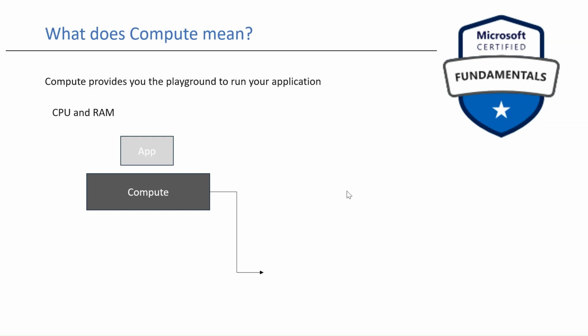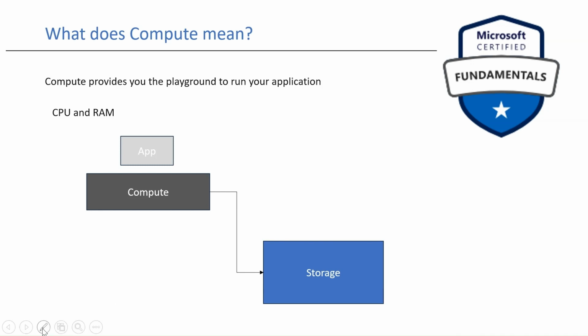And then this compute instance talks to the storage, where you store your data, and this storage can be in the form of a storage account, a disk, or a database. This is how the compute and storage talk to each other, and this is where your application runs.